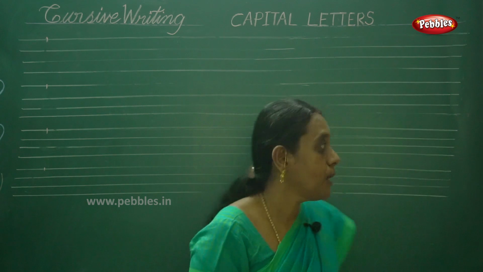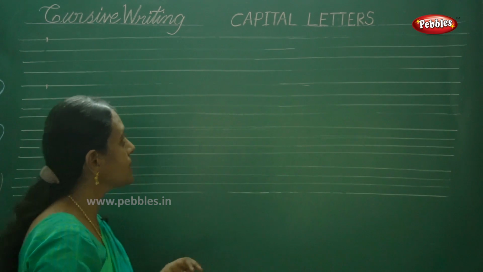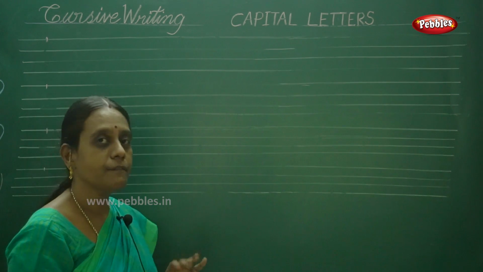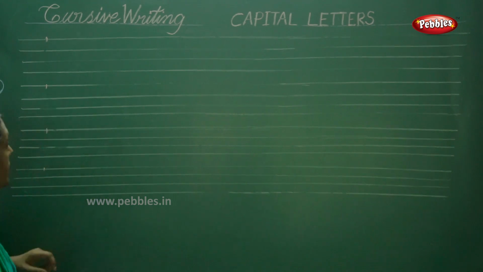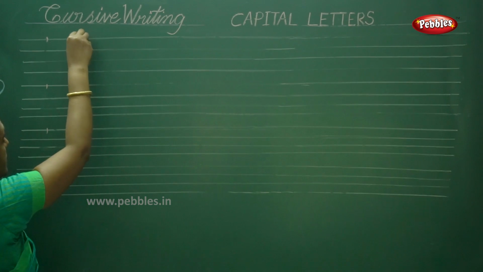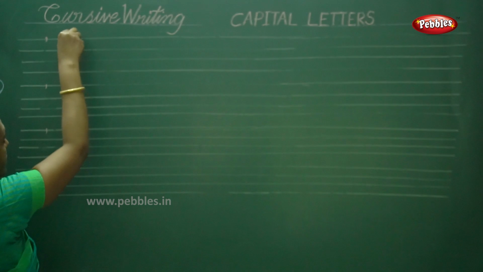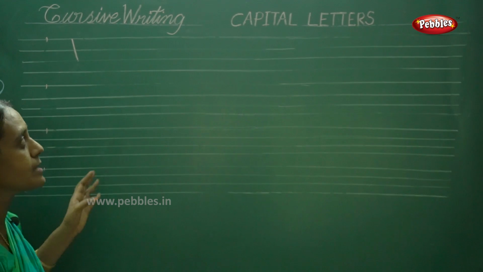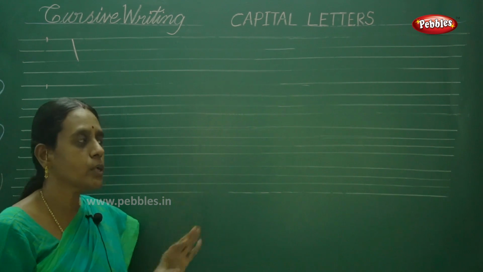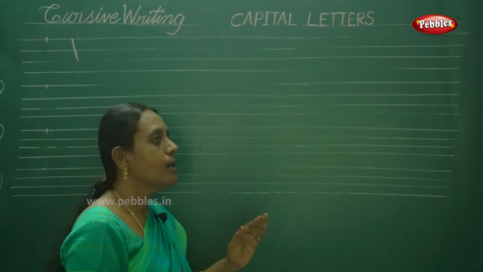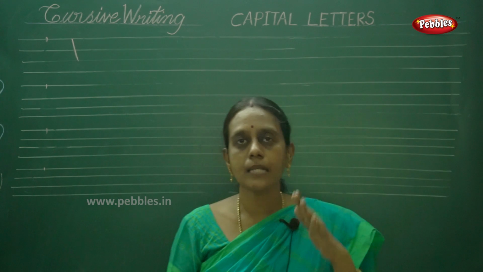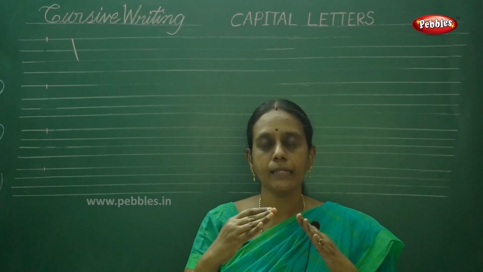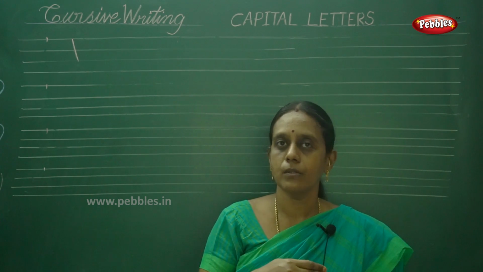Okay, now we have to write capital V. Okay, understand? That is a slanting line. All these capital letter fonts include many slanting lines, that is left slanting, right slanting and sleeping lines.